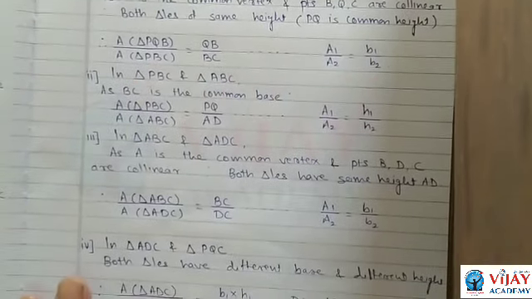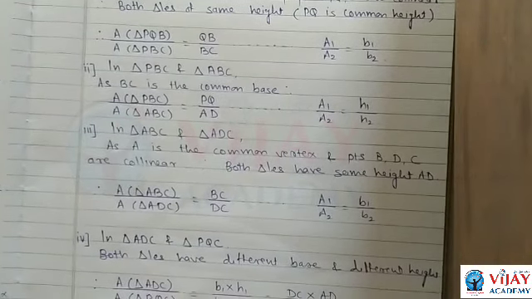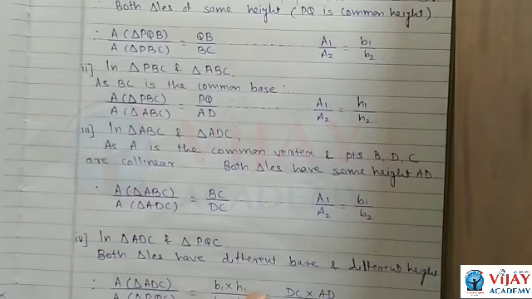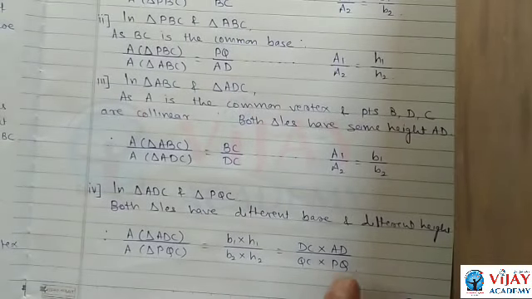And also in triangle ADC and in triangle PQC, both triangles have different bases and different heights, so their areas depend on the ratio of their corresponding bases and heights. Area of triangle ADC upon area of triangle PQC is equal to B1 into H1 upon B2 into H2, that is DC into AD upon QC into PQ.